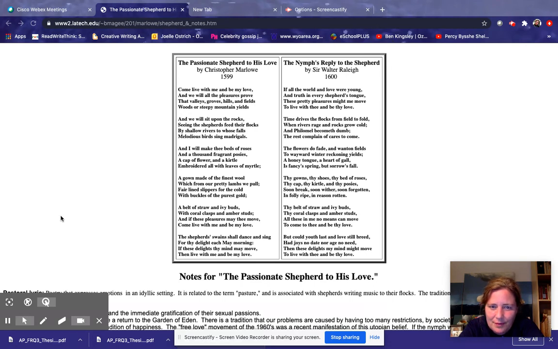It will rot. It will die. And that's why in the same line in Raleigh's poem, which is the 12th line, can I count? 4, 8, 12, 16. Sorry, it's the 16th line. Apparently I cannot count. The word rotten strikes me. She says, in folly ripe, in reason rotten.